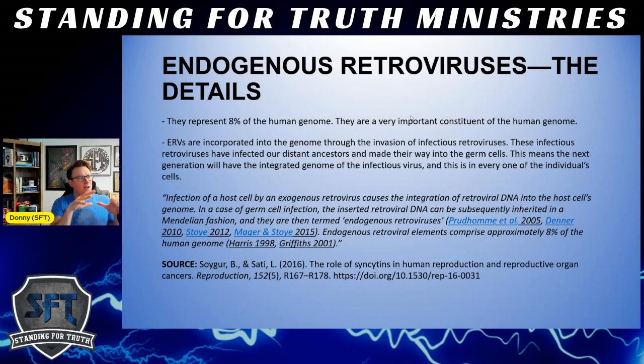So basically, since these ERVs, every single human being has them, especially the ones that the evolutionists point to as being shared with chimpanzees in common genomic locations, those are fixed. They're stuck in place. What that means is every single human being has them.